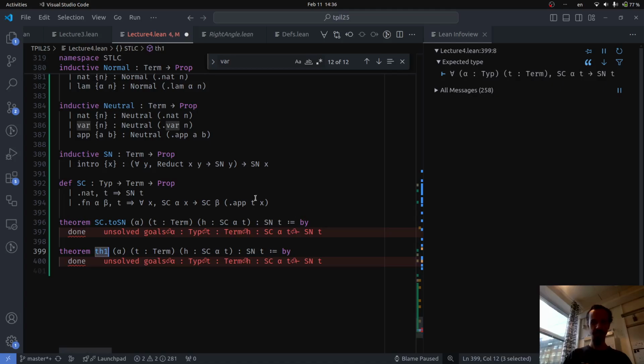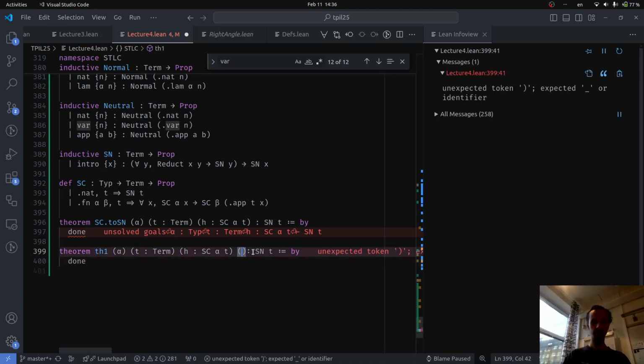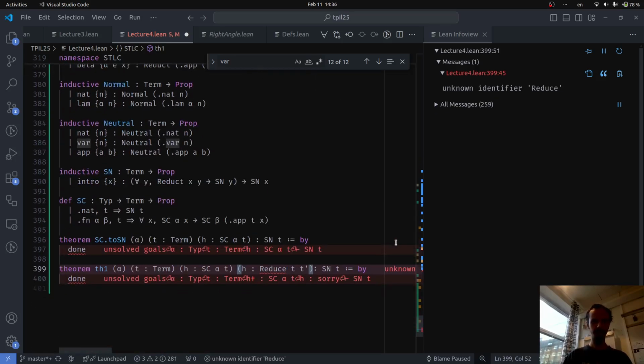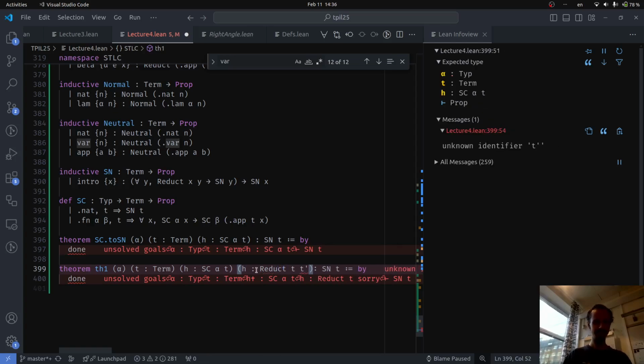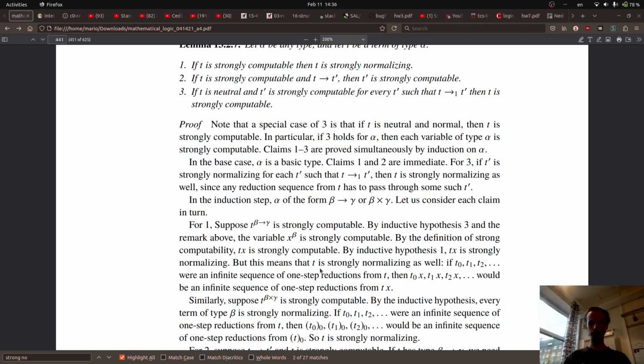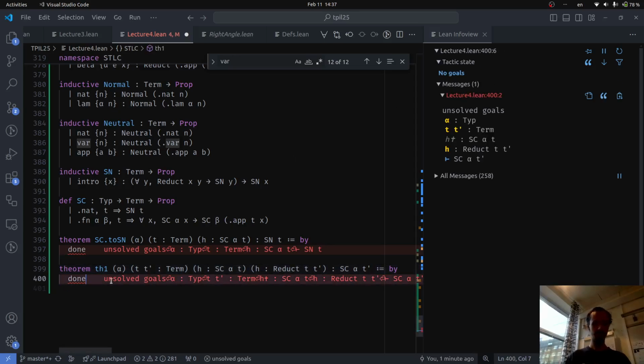The second one says that if it's strongly computable and you have a one-step reduction, T goes to T prime, oh no, I already forgot what it's called, reduct, then T prime is also strongly computable. And then if T is neutral and T prime is strongly computable, ooh, okay, write that down.